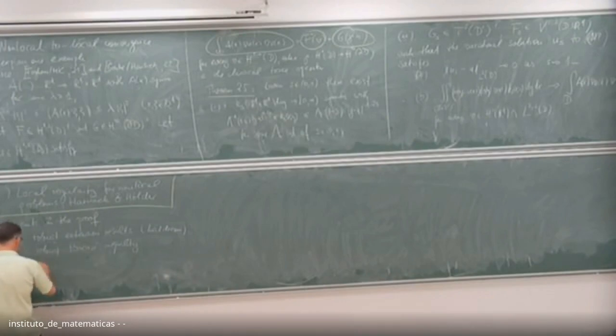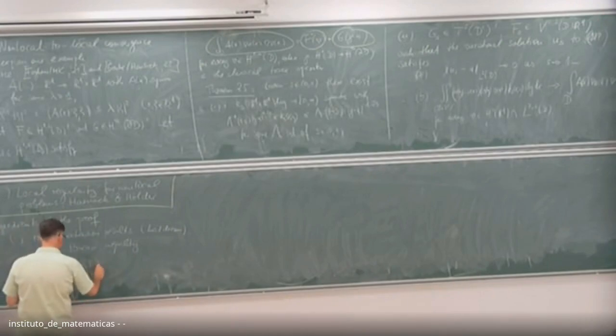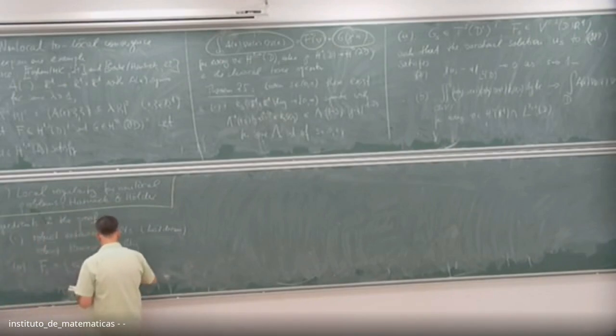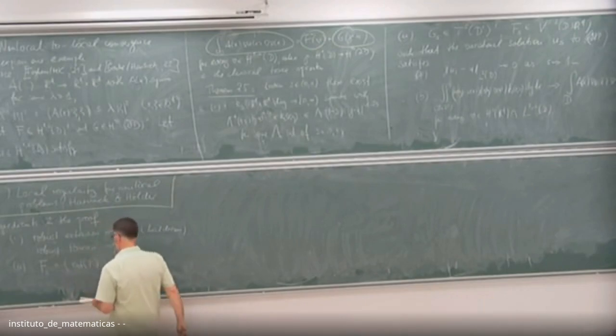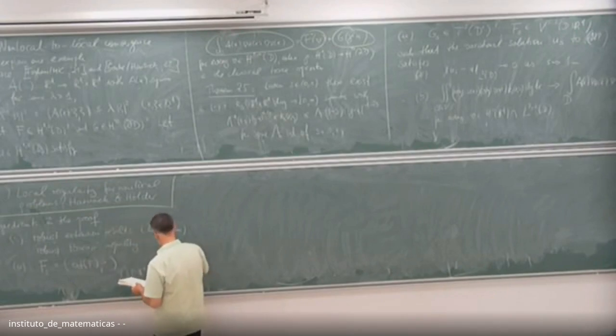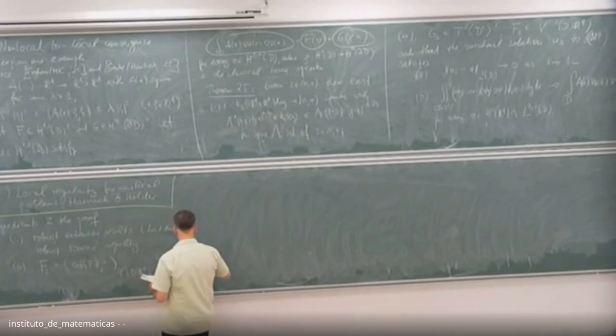Now, then what we do, given S and given capital F, we extend F, and this will define, note there's a dot here, an object in VS perp D, R^d.